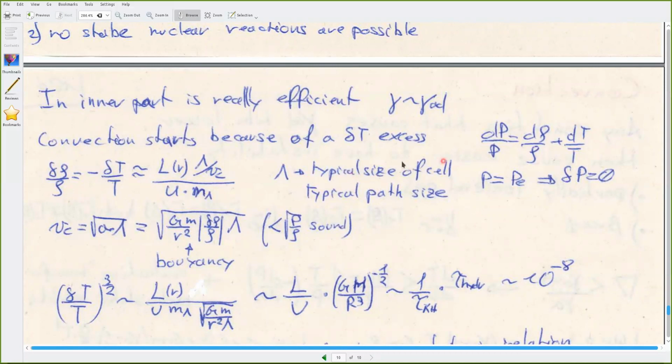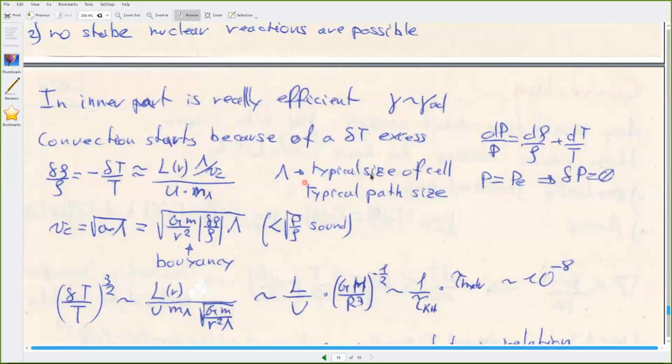Lambda is the typical size of the cell, which is actually the center of the theory about convection. In fact, lambda is both the typical size of the cell that is moving and the typical path of the cell as it moves. It is proportional to the scale on which the pressure changes, essentially 1 over e, the Euler constant.